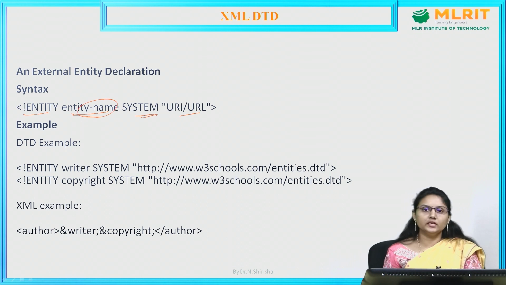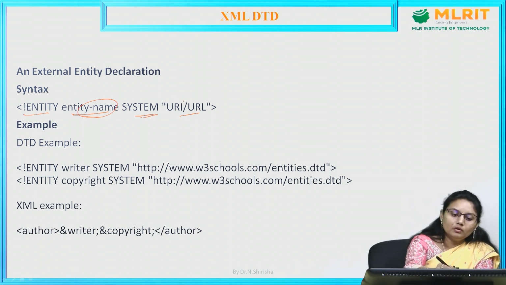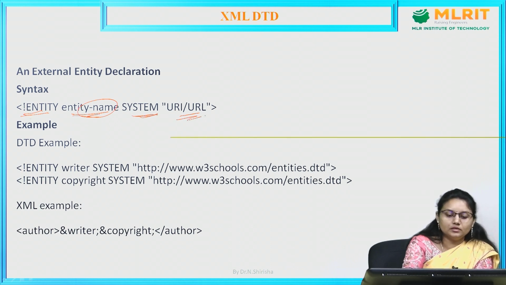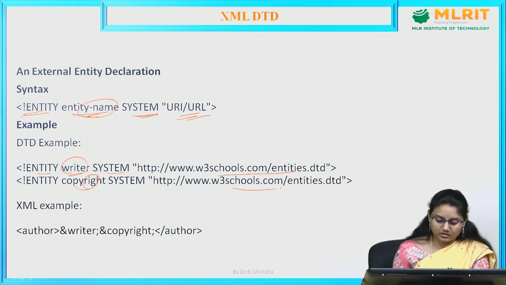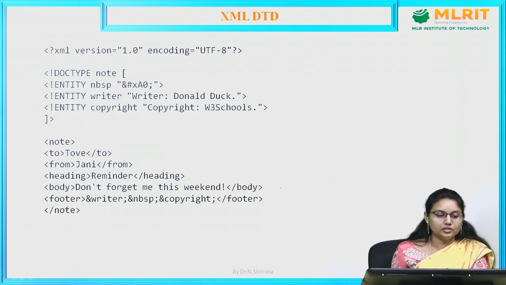So similarly we are going to give entity name, system keyword, its URL. So entity, writer, system, this writer is defined somewhere in this URI, copyright is defined somewhere in this URI. Okay, this is how we are going to write an external entity declaration.